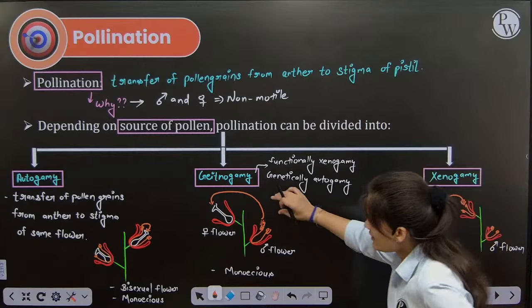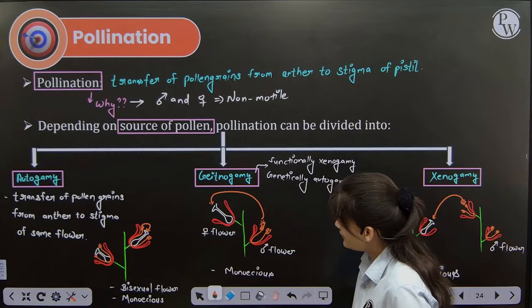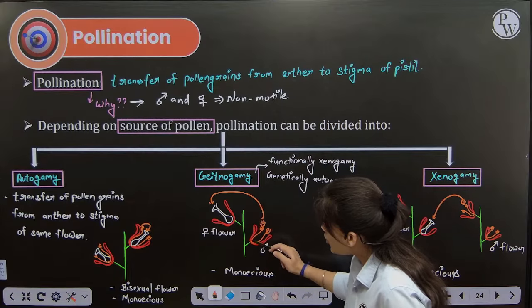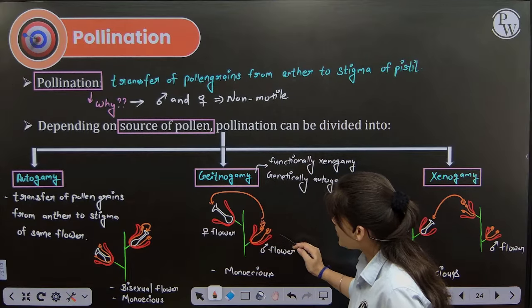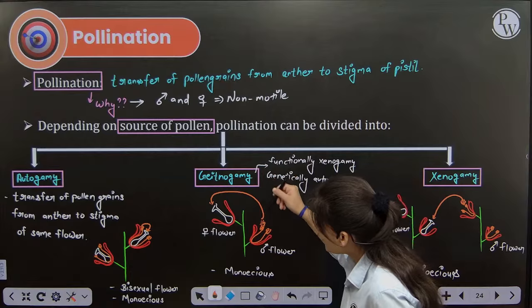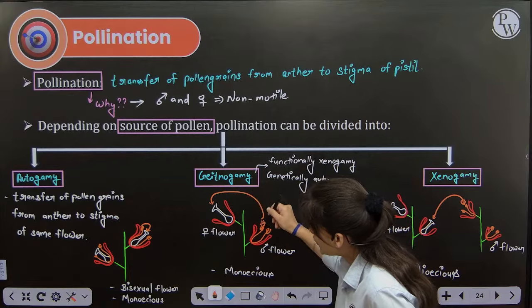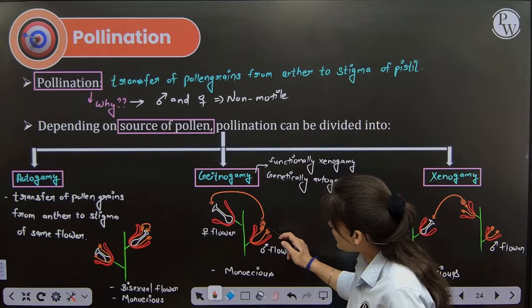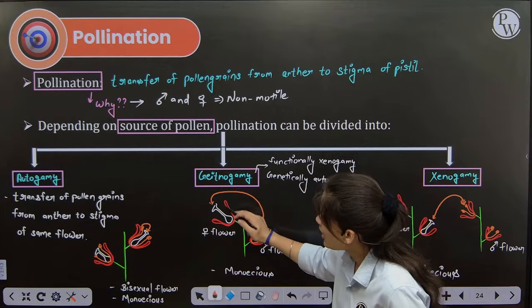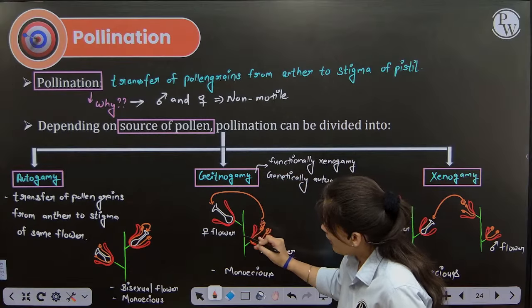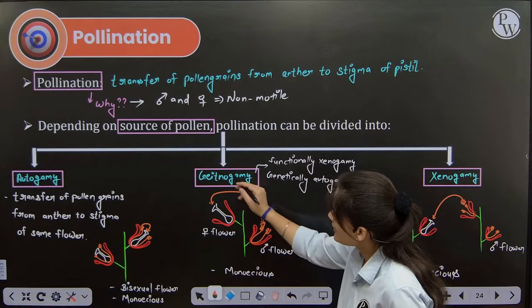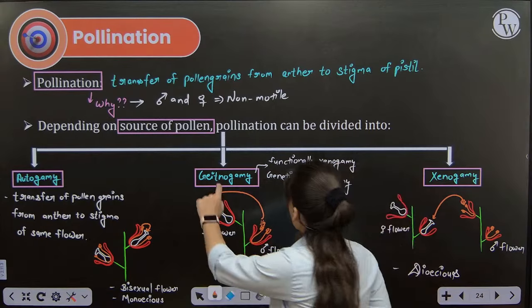Then, is it monoecious or dioecious? This plant is monoecious. Why? Because although the flower is unisexual, both male and female flowers are present on the same plant. And when pollen grain is transferred from the anther of one flower to the stigma of a different flower but of the same plant, that is known as geitonogamy.